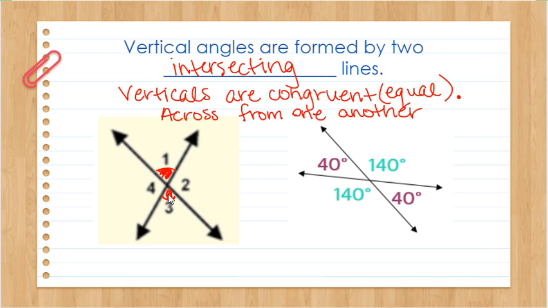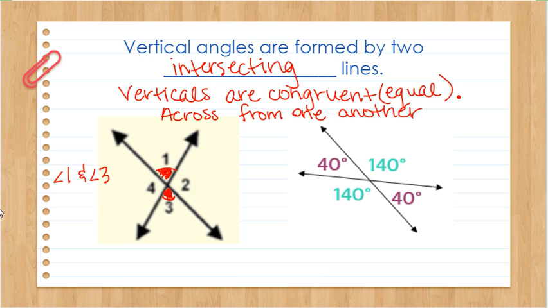So these two lines right here, we have a line here, and then we have a line going this way, and they've intersected right here and creating 4 angles. So angle 1 and angle 3 are vertical angles. So let's list those. Angle 1 and angle 3.